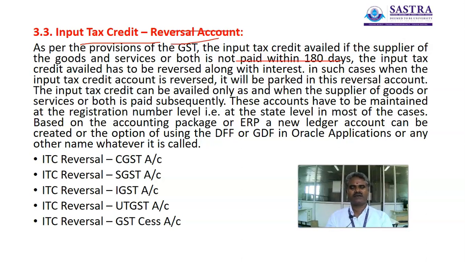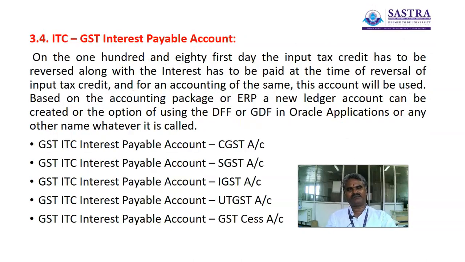This is a heavy loss for you, so you have to treat ITC reversal carefully. ITC reversal applies to CGST, SGST, IGST, UTGST and GST cess. Everything is applicable. We have to collect and pay.